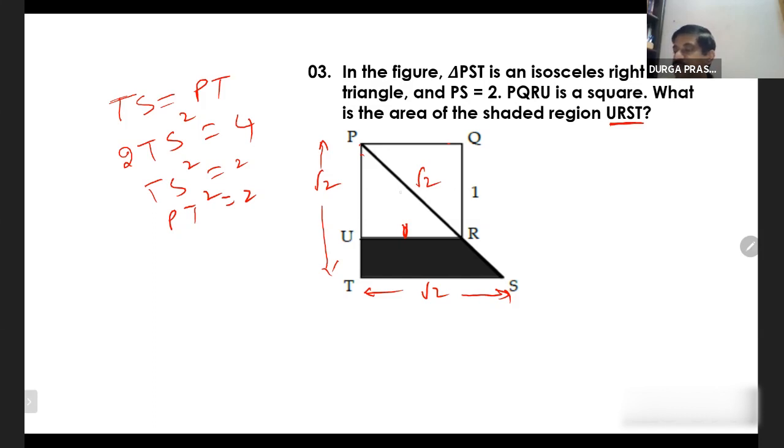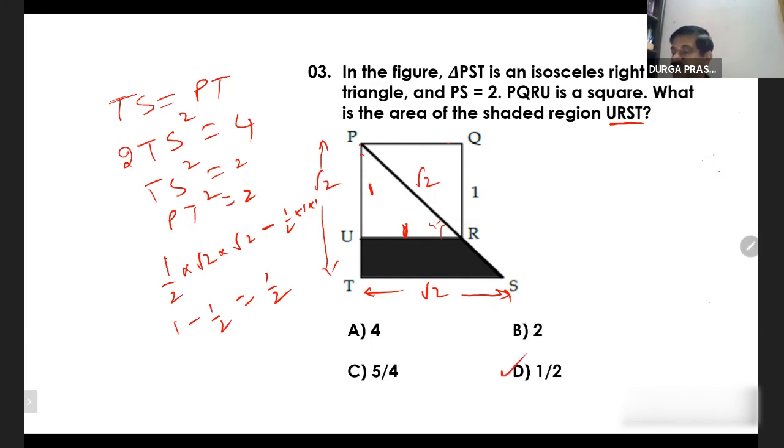This is 45 degrees, so this should also be 45 degrees. So this becomes half into base into height minus half into base into height, which is 1 minus half. That is half. So the area of the shaded region is half. So option B satisfies.